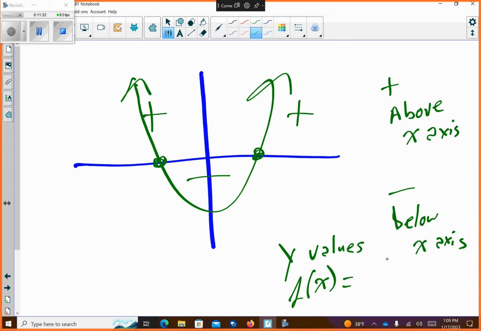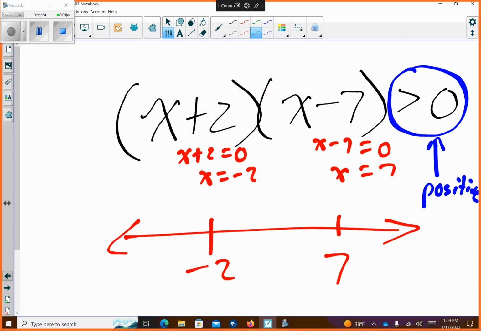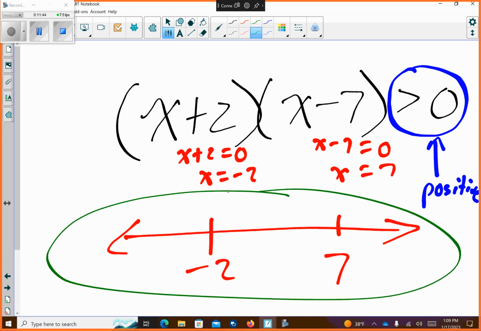Okay, so let's go back to the question I had here. How can we approach this problem to fill out this line here? Well, friends, I think what we want to do is realize what a few things are. This is positive, so that's above the x-axis.